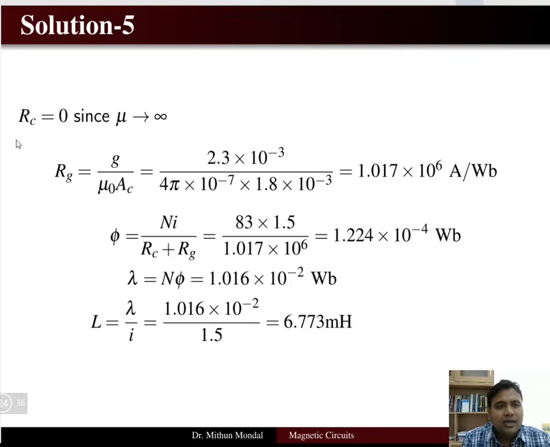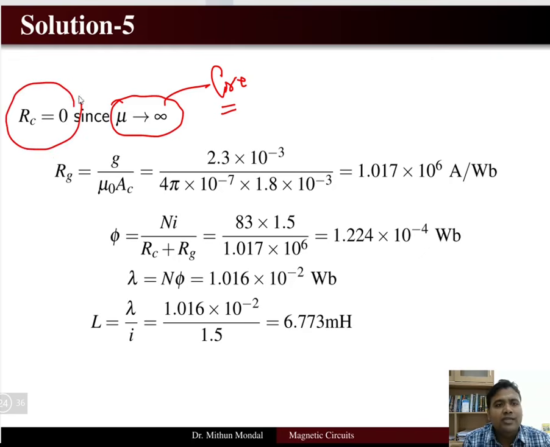Since the permeability is infinite for the core material, you need not calculate for the core; obviously the reluctance will be 0. Directly you can say that since permeability is infinite, the reluctance of the core will be 0.